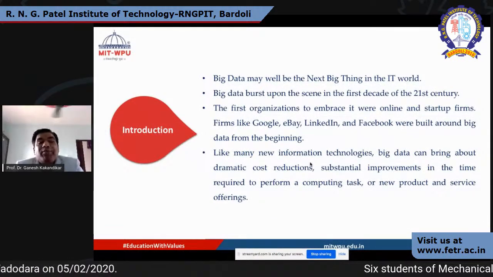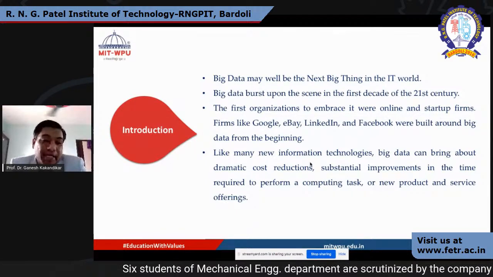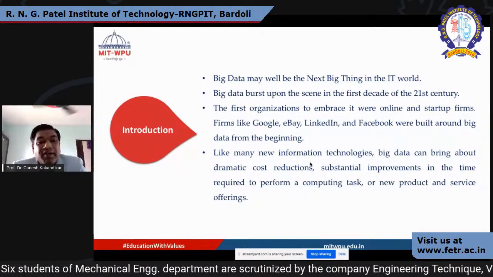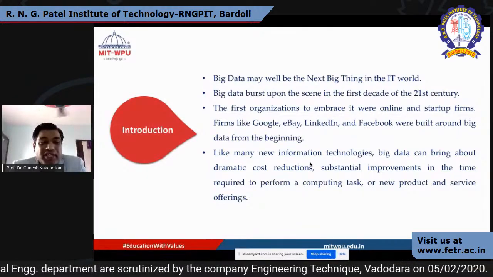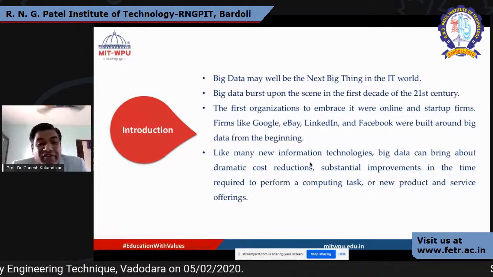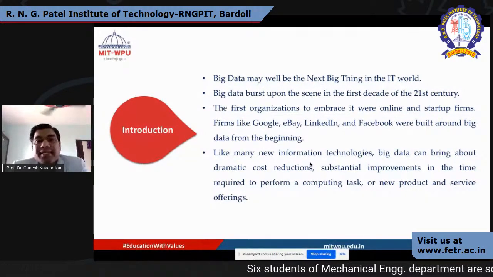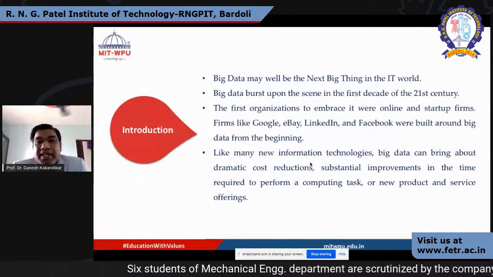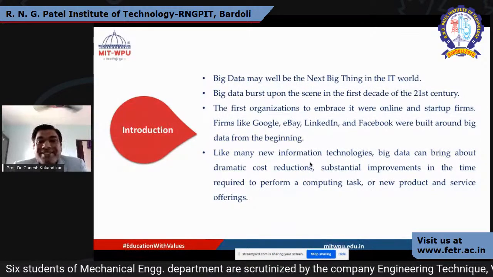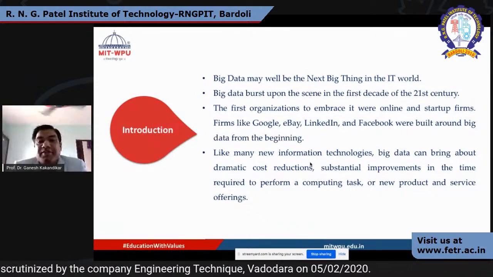I hope you have heard about big data. Yes, big data is coming like anything in the market. And it is coming not only with computer engineering or electronics engineering, it is coming with us also, in manufacturing and mechanical engineering. What is it? Big data is nothing but data in huge proportion, in huge quantity.